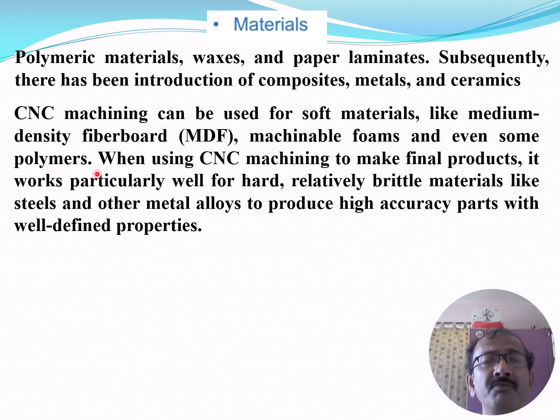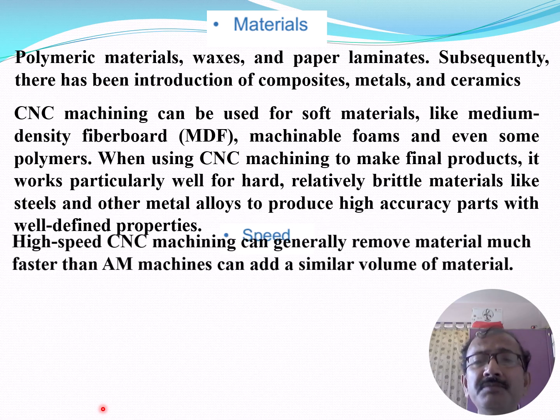When using CNC machining to make final products, it works particularly well for hard, relatively brittle materials like steels and other metal alloys, to produce high accuracy parts with well-defined properties.